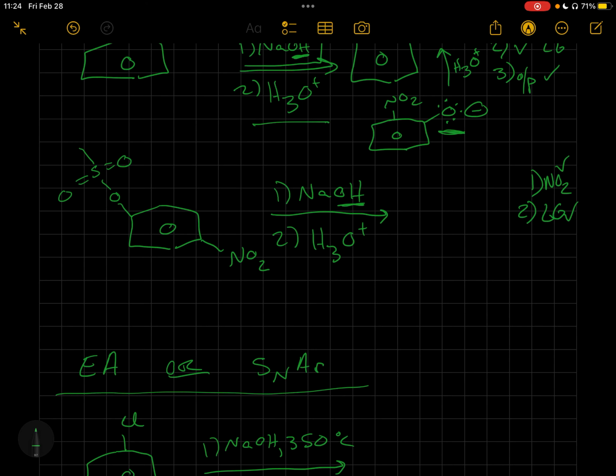Now, this is not one that we've seen very recently, but this is one of our functional groups, one of those mesylates that will help us to turn our alcohol into a good leaving group.